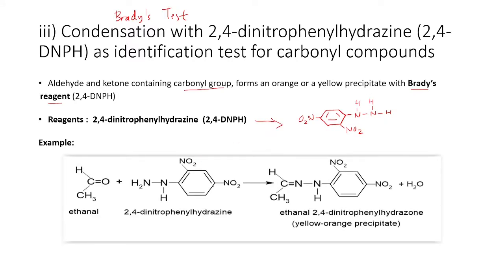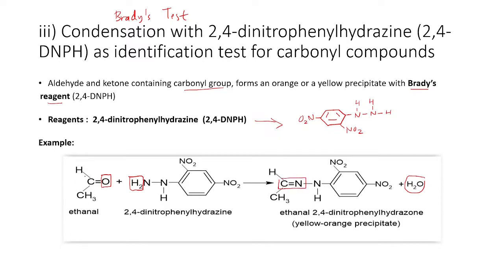Okay, example. What you can see is that this is condensation. Condensation means that water is being displaced, removed, something like that. So this is the H2O that is going to be removed. You can see that this is the water that is being displaced, and C will be double bonded with N. So I hope you can see this.